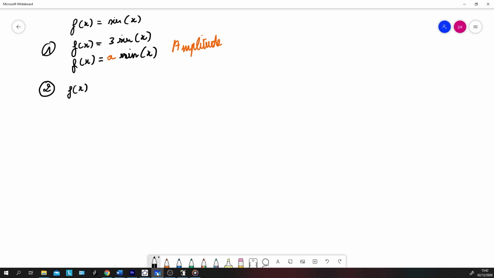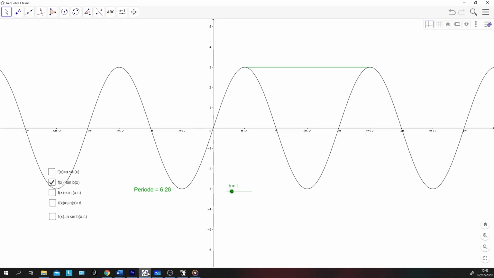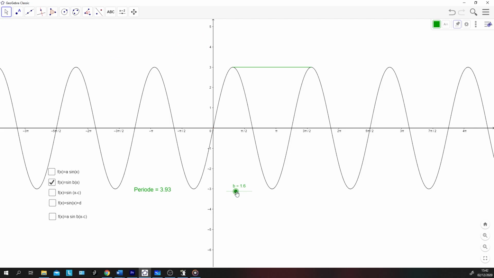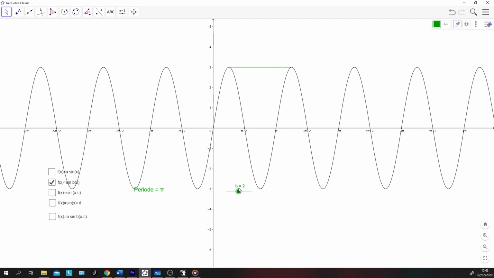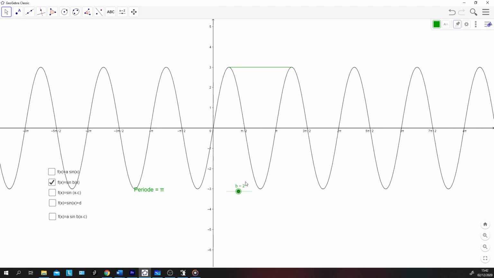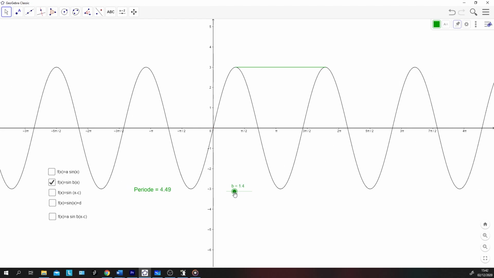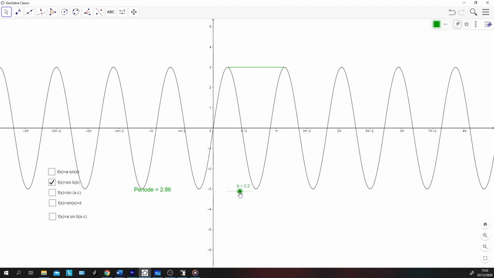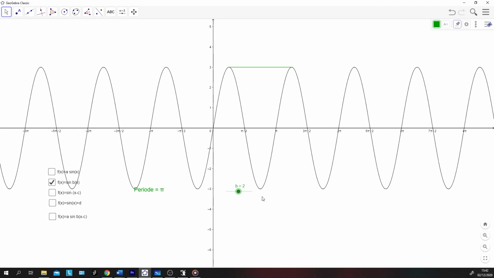If we multiply x by 2, we get the function f(x) = sin 2x. We can see that this function has been horizontally stretched with a factor 1 divided by 2 in comparison to the original function. In the newly formed function, the period equals π.